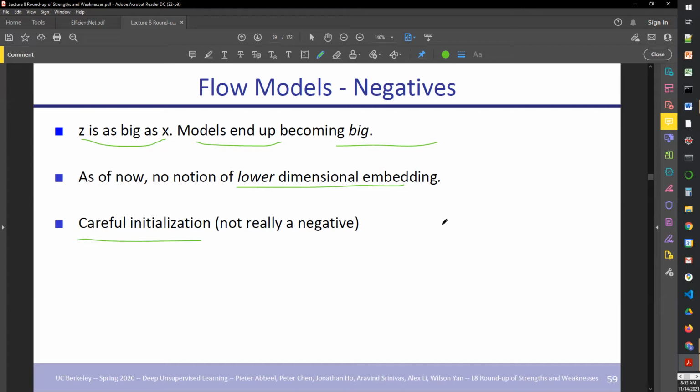That's one of the hypotheses. So here, when Z is as big as X, then we're probably wasting a lot of resources. Yeah, a lot of parameters. Yep. Most of Z is probably not much more than noise.